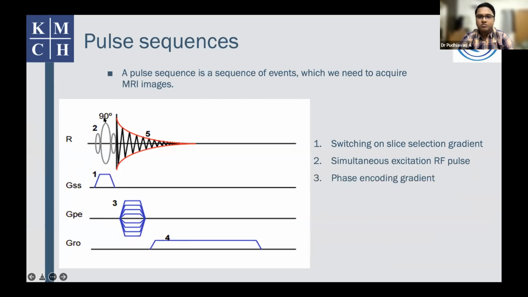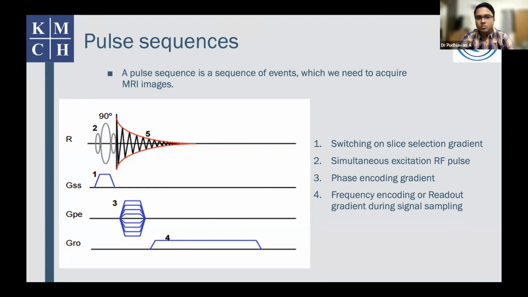Once this RF pulse is given and stopped, the free induction decay starts to happen. During this process, we give the phase encoding gradient, and when the signal is sampled, we give the frequency encoding gradient, also called the readout gradient.